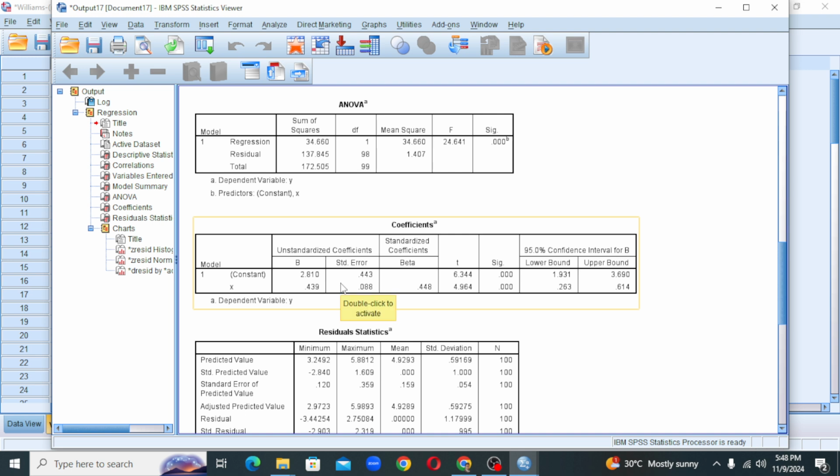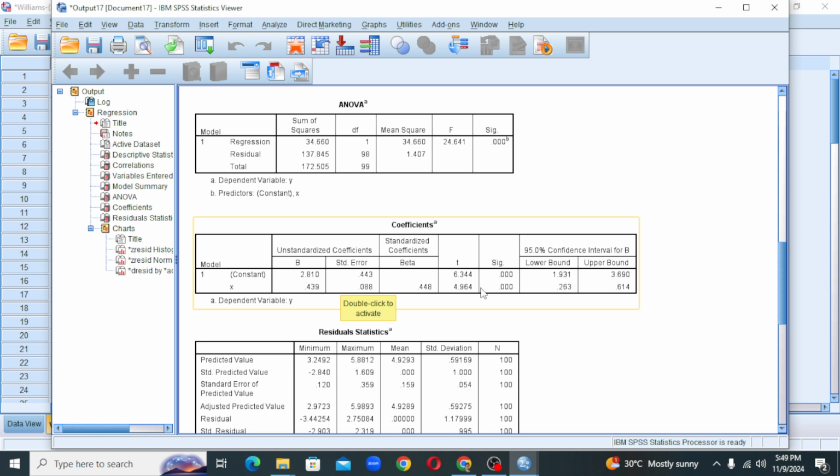For example, here Y equals B0 plus B1 X. Here the beta values are there, so we can elaborate that these two are significant.